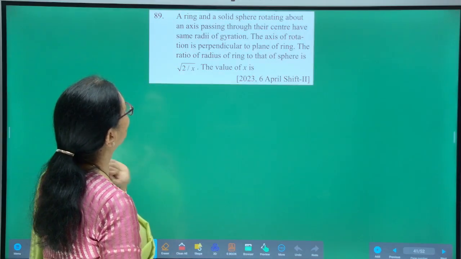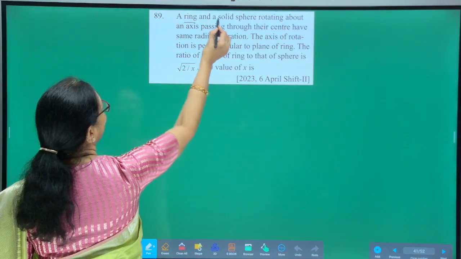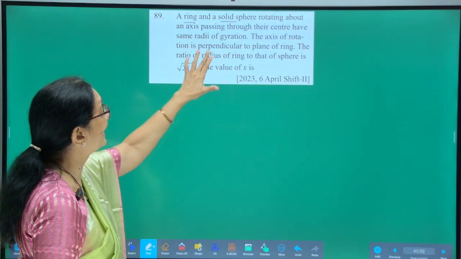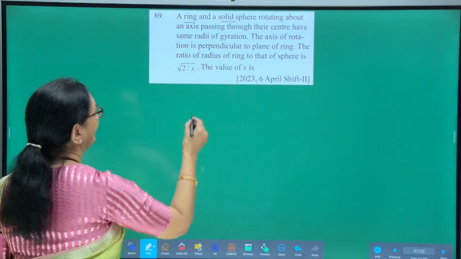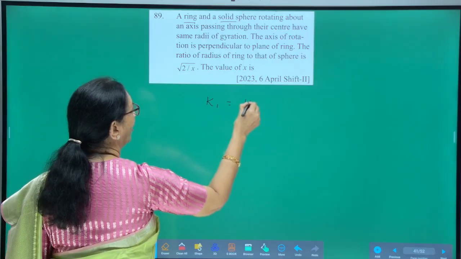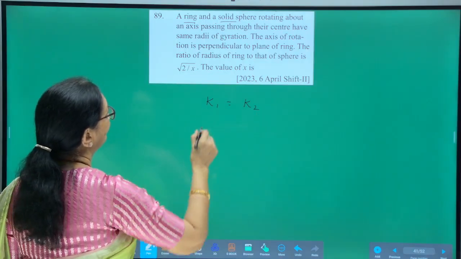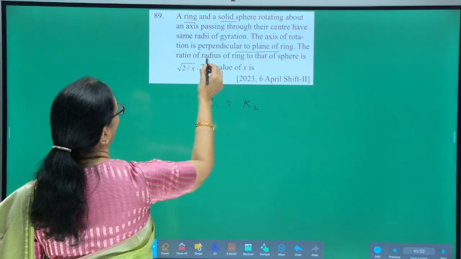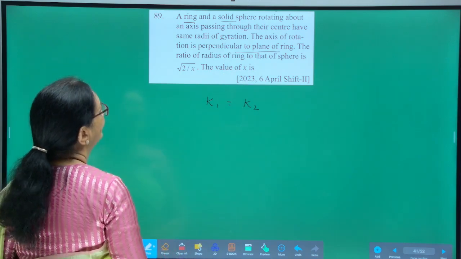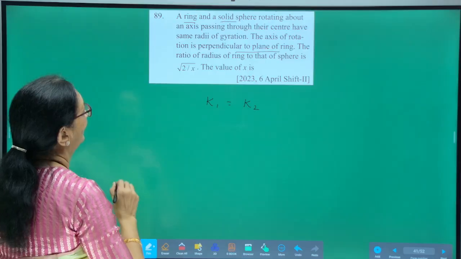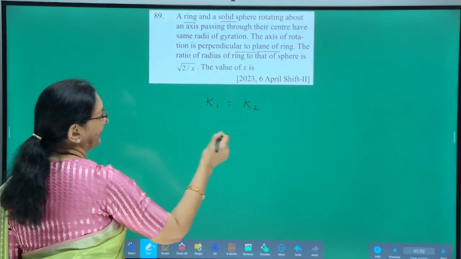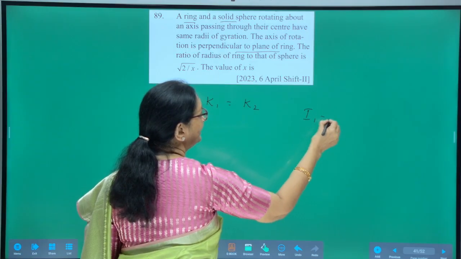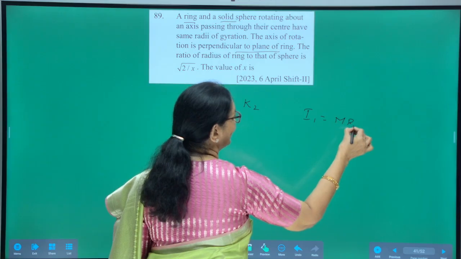A ring and a solid sphere rotating about an axis passing through their center have same radii of gyration. The axis of rotation is perpendicular to the plane of the ring. Ratio of radius of the ring to that of the sphere. Look here, in case of a ring, moment of inertia I1 is equal to mr square.